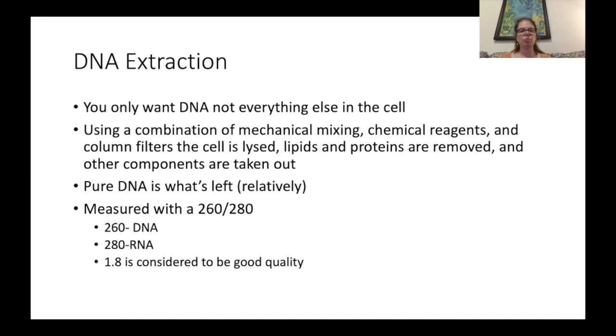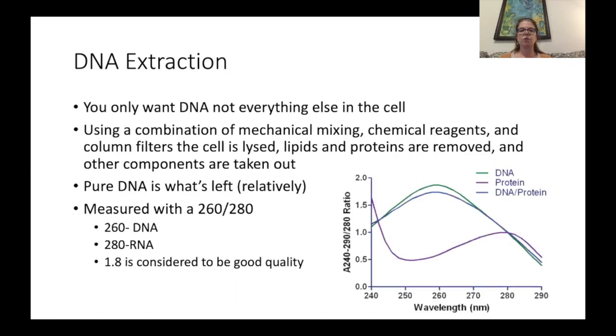And the way we measure the purity of that DNA is with something called the 260-280 ratio. This is 260-280 nanometers. It's a UV absorption ratio. And the way it works is that DNA gives you high absorbance at 260, RNA at 260, RNA at 280, and protein gives you this kind of wonky absorbance over a range of wavelengths.